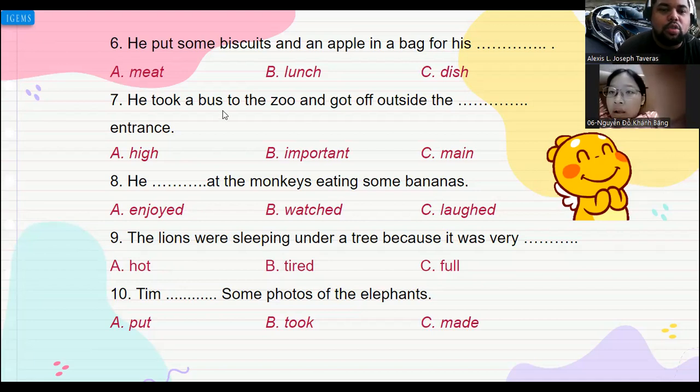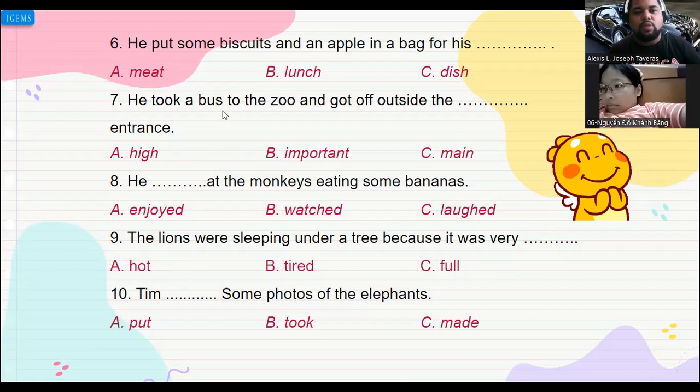He took a bus to the zoo and got off outside the entrance.